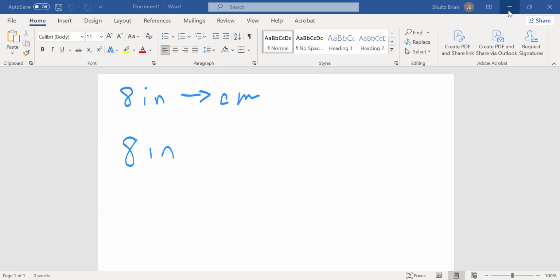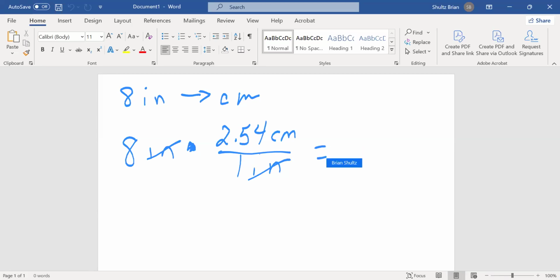So I will take 8 inches times 2.54 centimeters per 1 inch. The label inch cancels, so my answer is in centimeters. So I've got 8 times 2.54, which is 2, carry the 3, 43, carry the 4, 20.32 centimeters. So make sure that you're canceling the units to get to the units that you want.